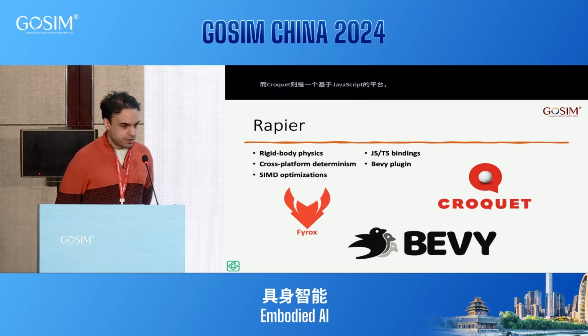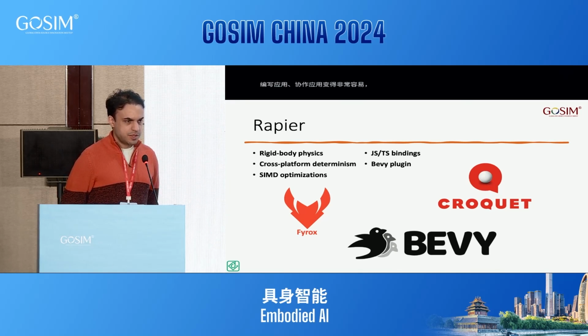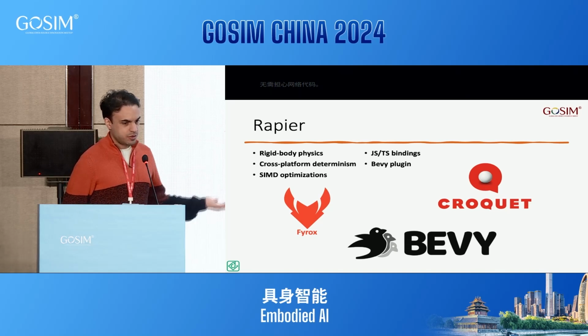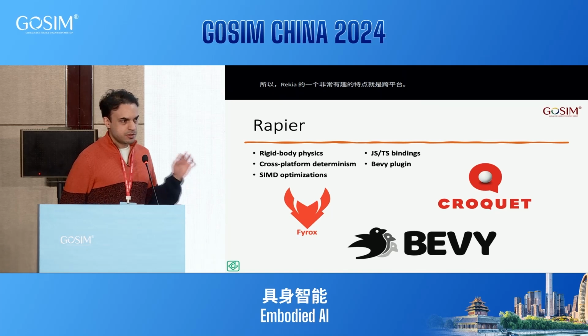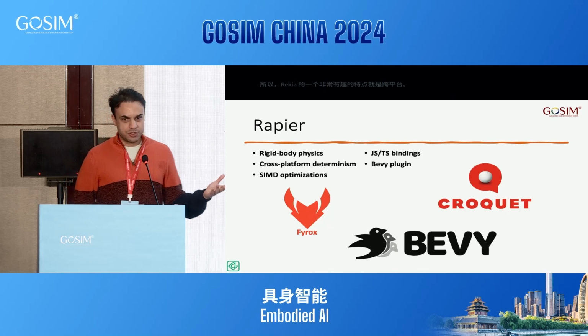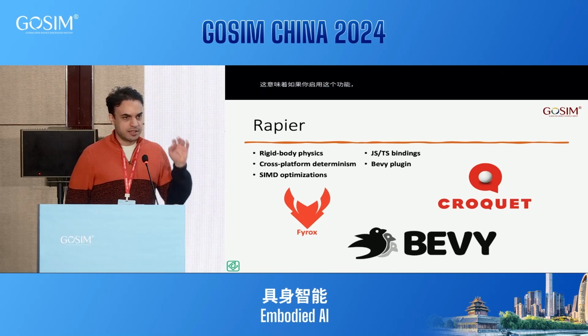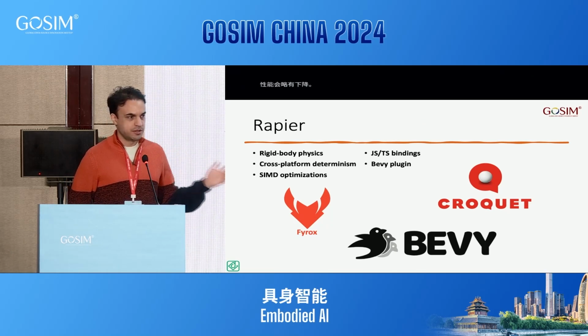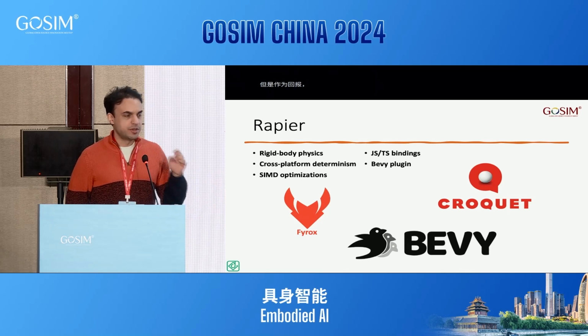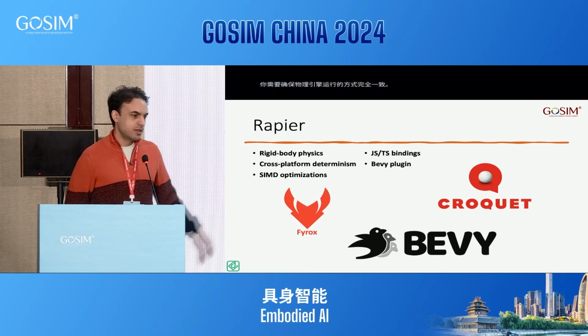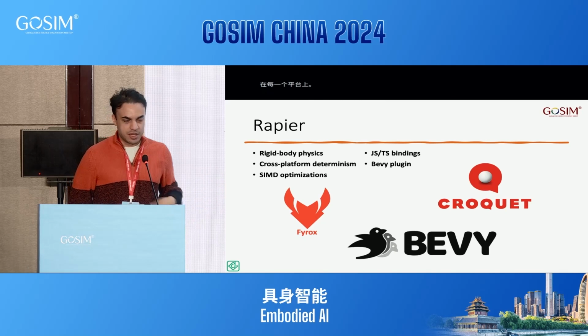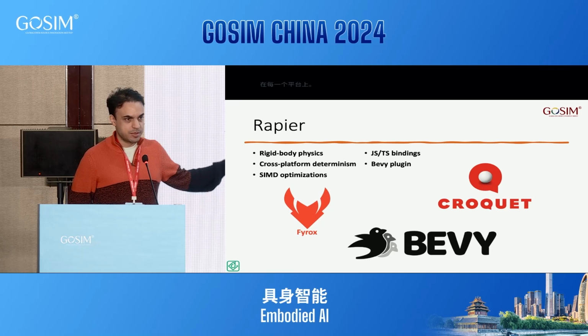One of the very interesting features of Rapier is cross-platform determinism, which means that if you enable that feature, you will lose a little bit of performance, but in return, you will make it so the physics engine runs exactly the same way on every single platform. So it will run the same way on macOS, on Windows, with an AMD processor, with an M2 processor, or even on the web with WebAssembly.